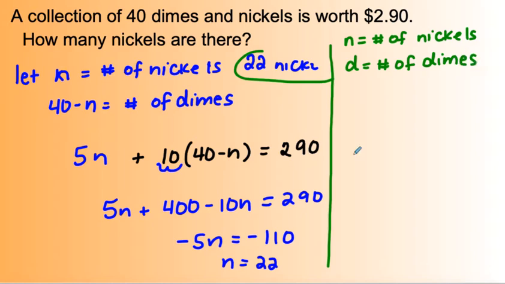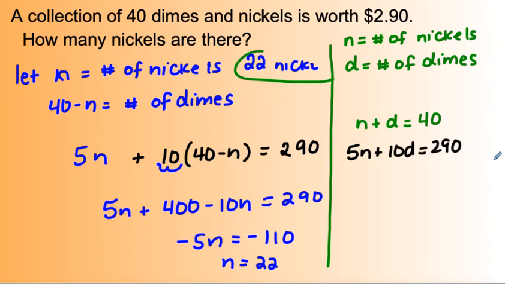But we'd have to write 2 equations. Our first equation would be related to the total number of items I have: n plus d equals 40. And our second equation would relate to the value of those items: 5n plus 10d equals 290.